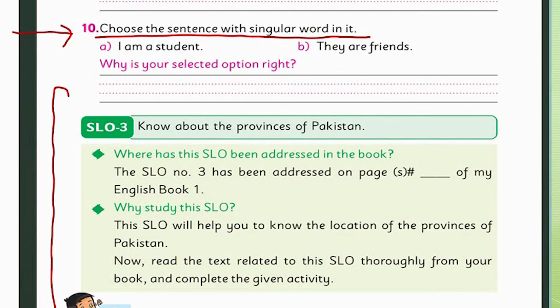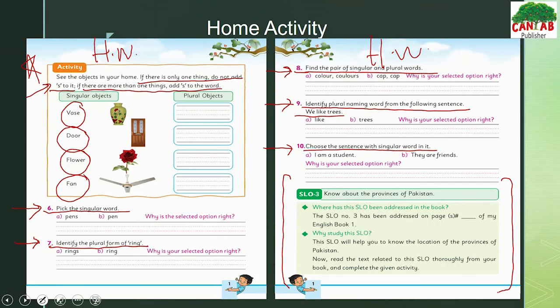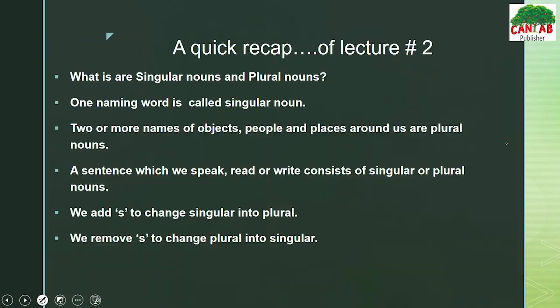This part of the page is for next lesson. So you can leave this for now and try to attempt these activity questions all by yourself. You can go over the video as many times as you want to understand and recognize the concept, and you have to attempt these pages all by yourself.